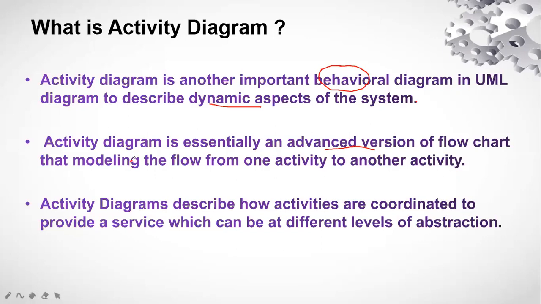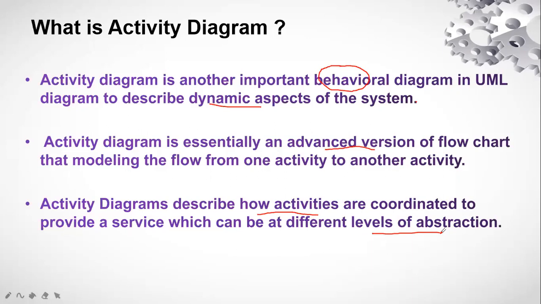Now, next point, activity diagram describes how activities are coordinated to provide a service which can be at different levels of abstraction. That means, see, there are a number of activities which can be considered, and we are going to see them at different levels of abstraction, meaning at different levels of hierarchy.